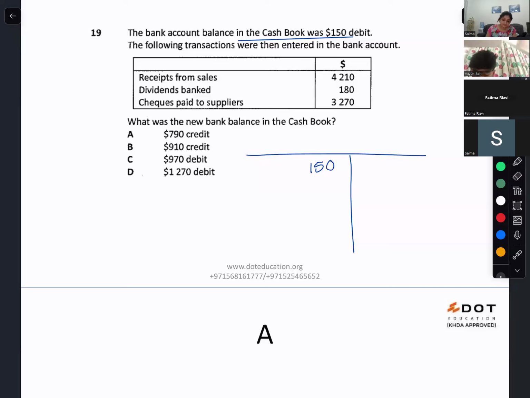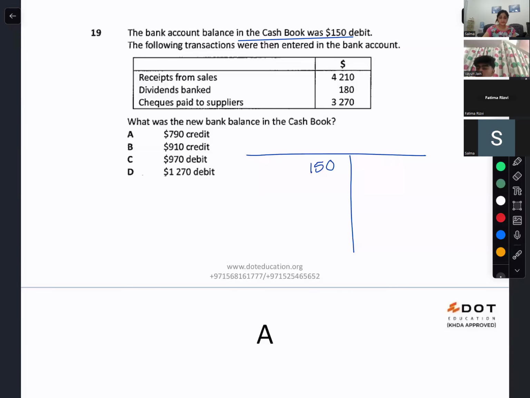The following transactions were then entered in the bank account: receipts from sales, 4,210, will be debited. Dividend banked, 1,180. What does this mean?